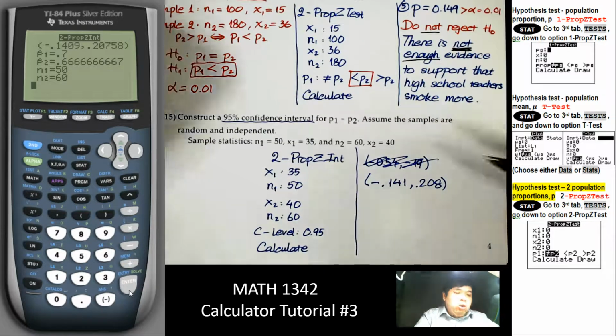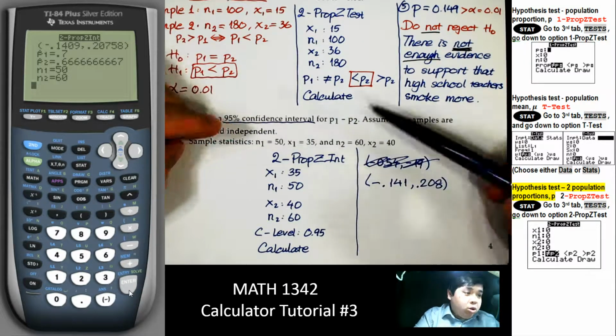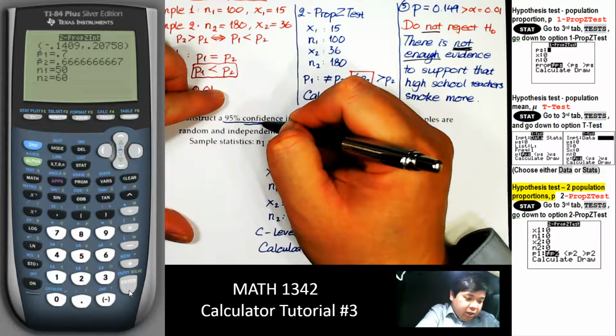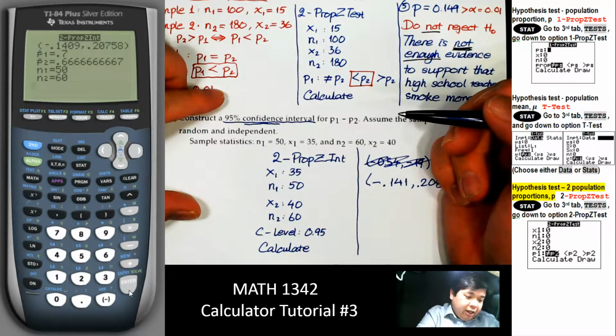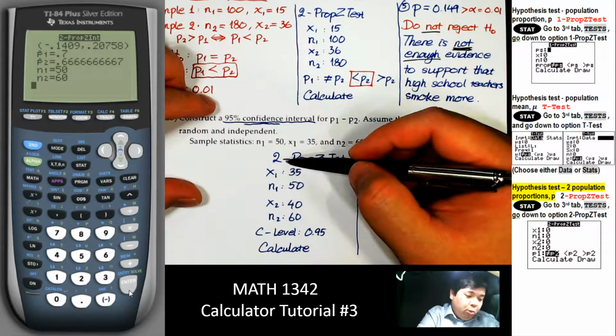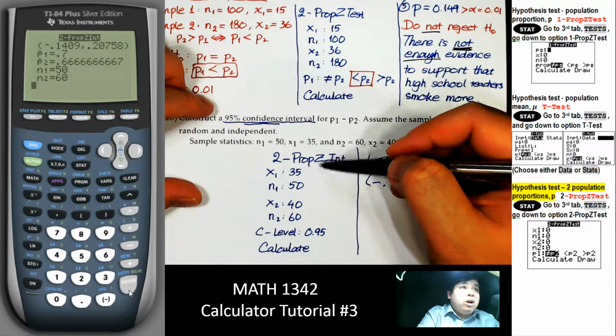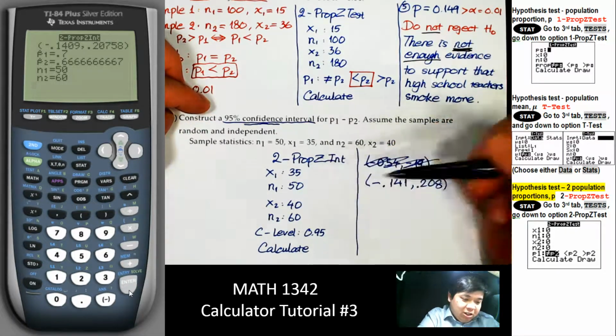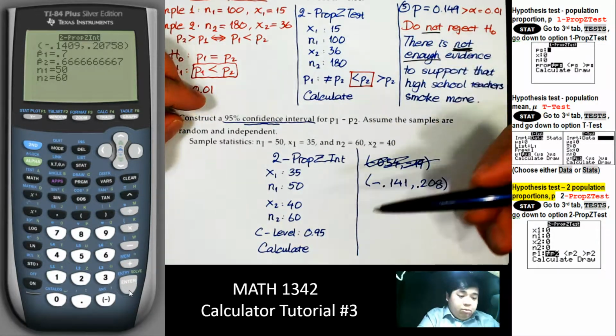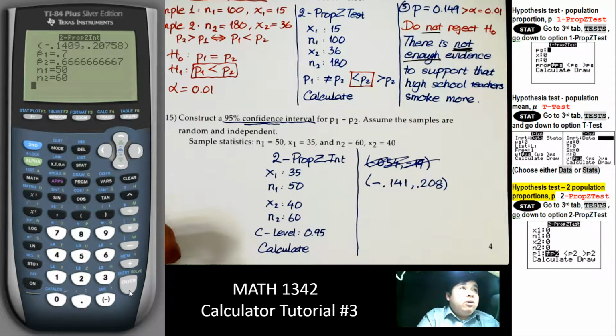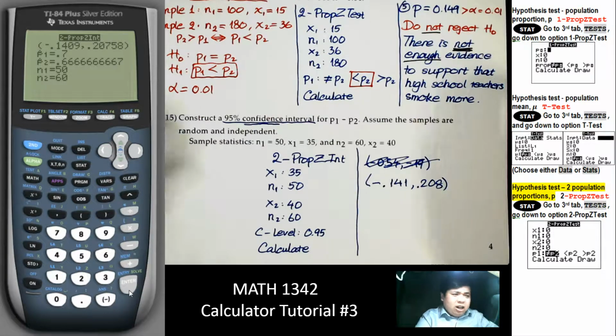So pretty much we have two proportion confidence interval, and it only has the z option. So that is the confidence interval for two proportions. Pretty much all of these tests are kind of the same thing.